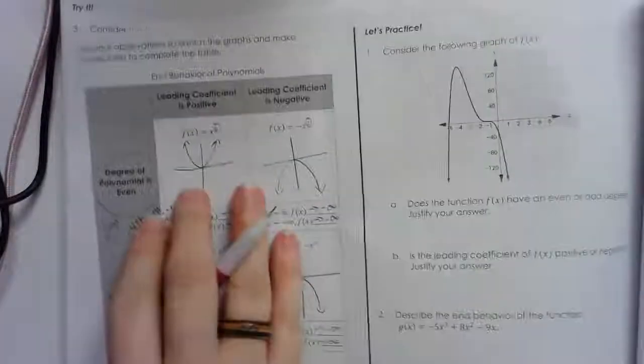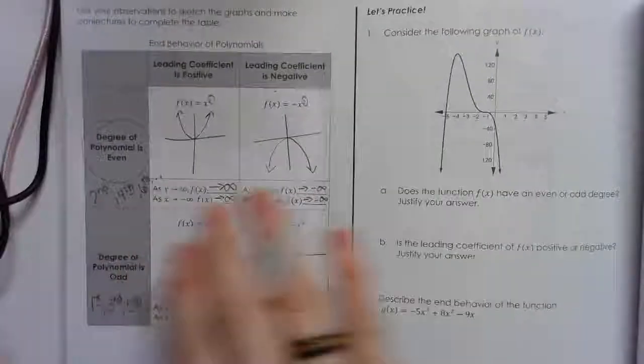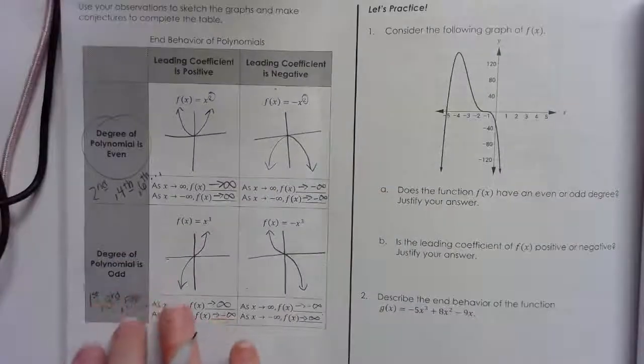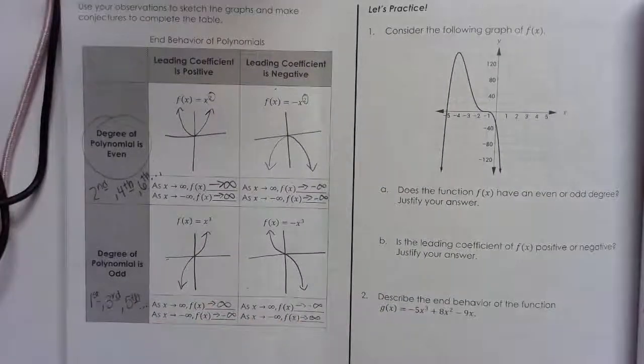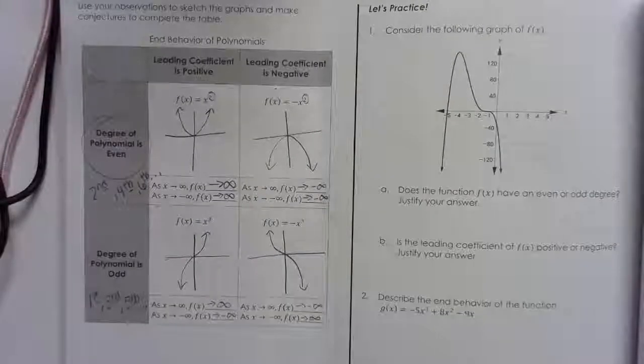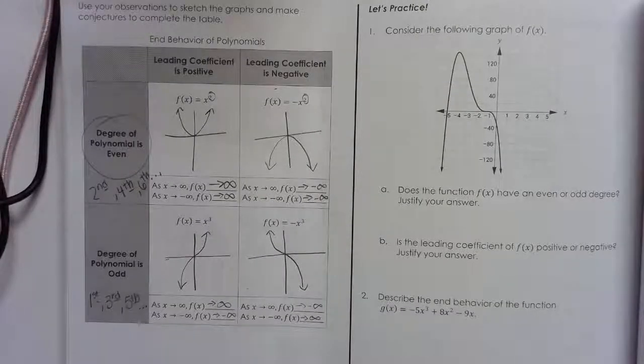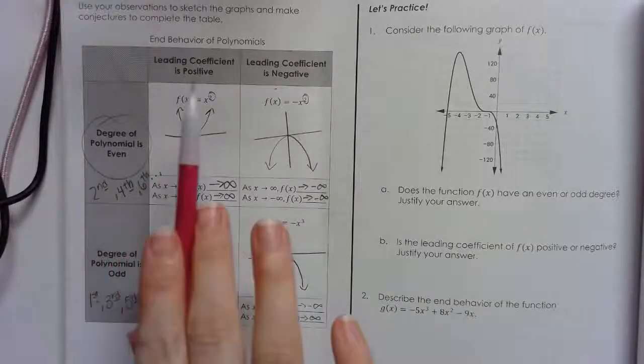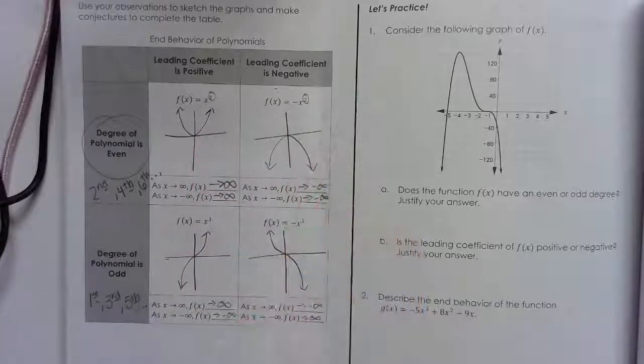So now that we have this, we can use this for any function. We could use it all the way up to 5th degree, 7th degree, even a 27th degree polynomial. Without having to see the graph, we could know the end behavior as long as we knew whether the leading coefficient was positive or negative.